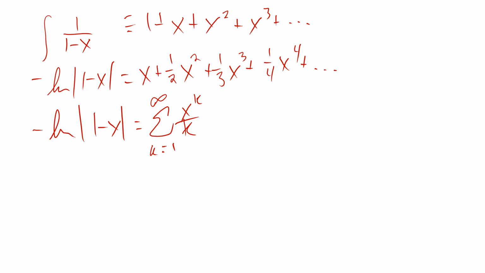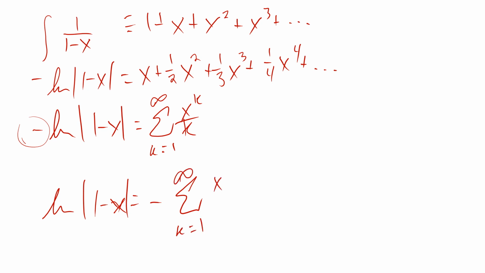If we wanted to get rid of that negative, the natural log of 1 minus x is going to equal negative the sum from k equals 1 to infinity of x^k over k. And we could do stuff from here.